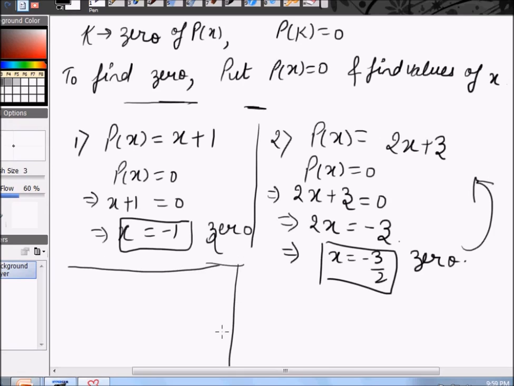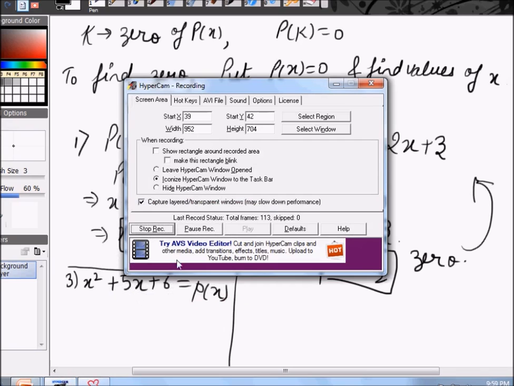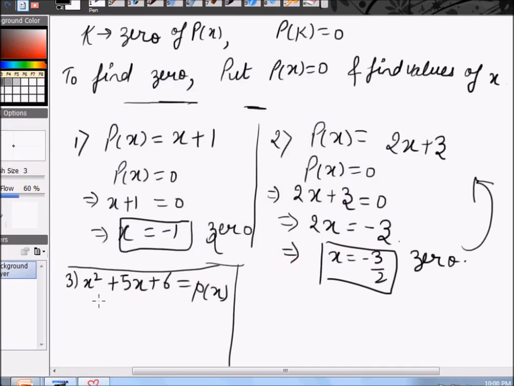Let us have one more example. x square plus 5x plus 6 equal to 0, equal to p(x). Now the given equation is a quadratic equation.